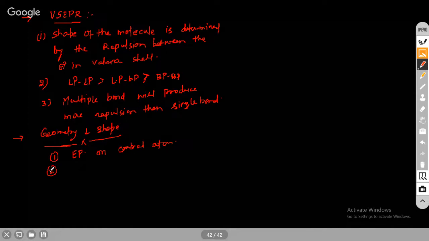Second one, multiple bond will be treated as single bond.